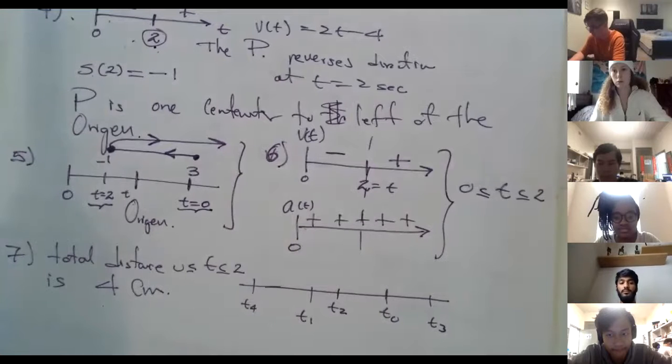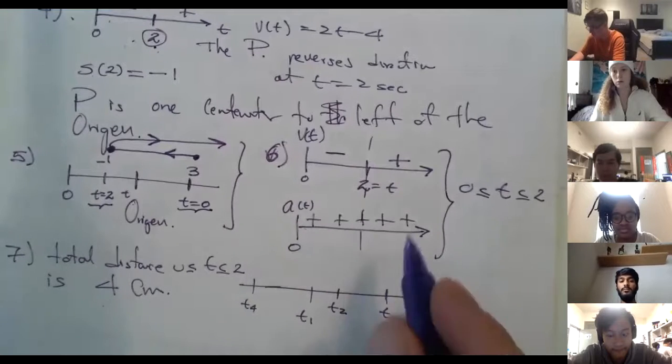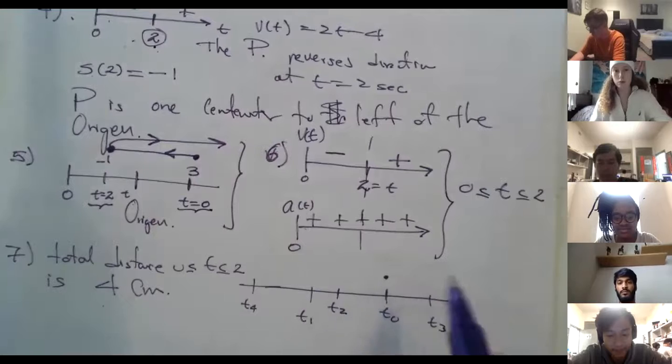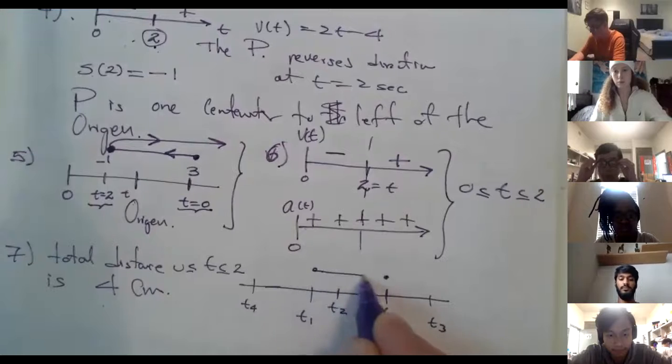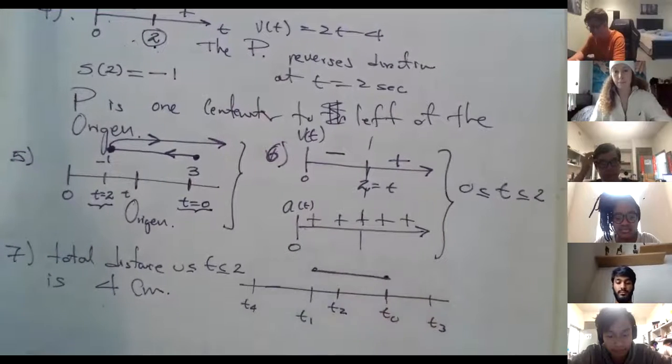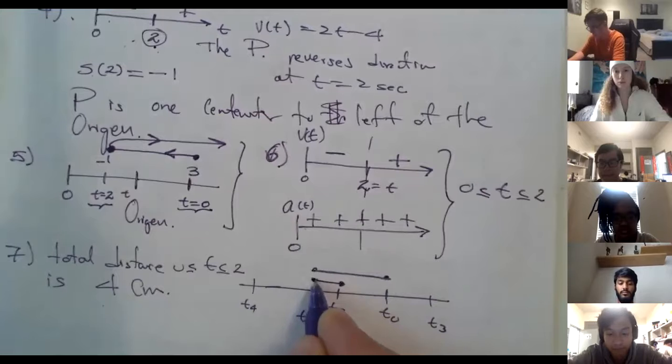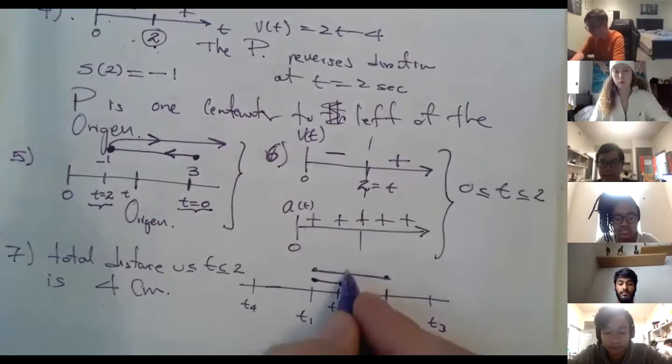Okay, so it's similar in the sense that you're going to find the difference between where the particle is at time 0 with where the particle is at time 1. So you're going to find that first. Then you're going to add the distance from time 1 to time 2. So basically, this is D1, the first distance, this is D2.